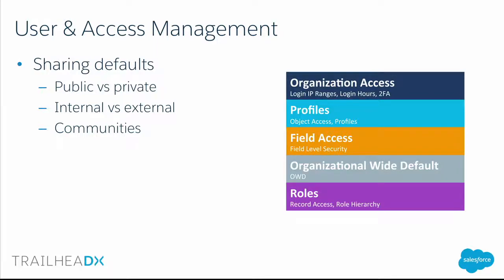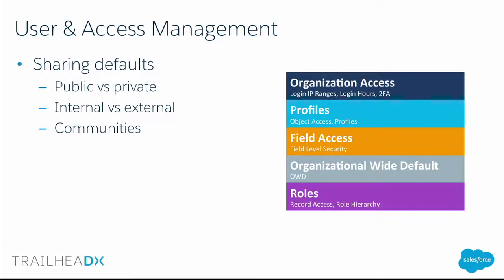If you have a public-facing community where anyone on the internet could access your org, and you set the sharing defaults to public, they could potentially access different records within your org through the community. So you do not want to open up public records unless you absolutely know that people outside the company do need access to all the records.